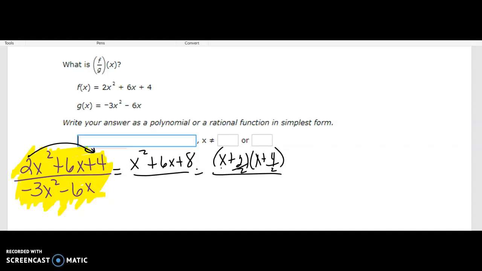Divide by 2, divide by 2. Let me back up. Let me way back up.